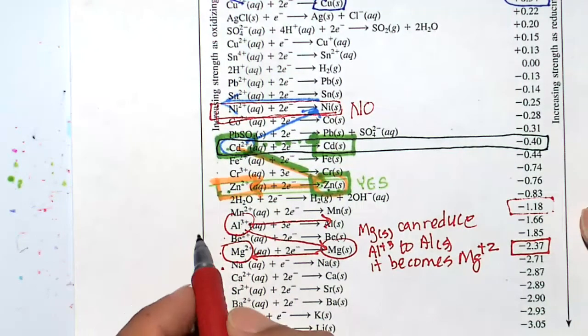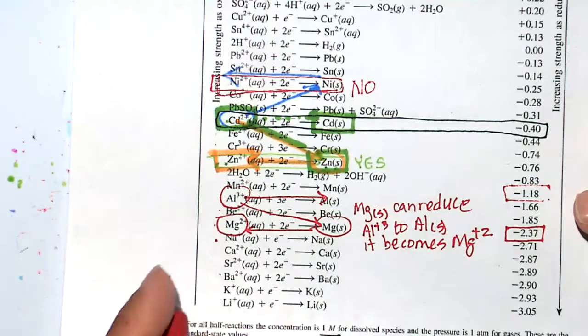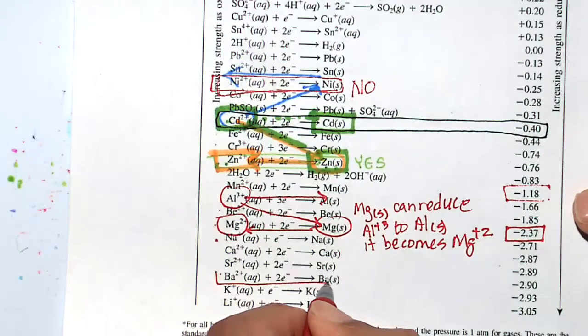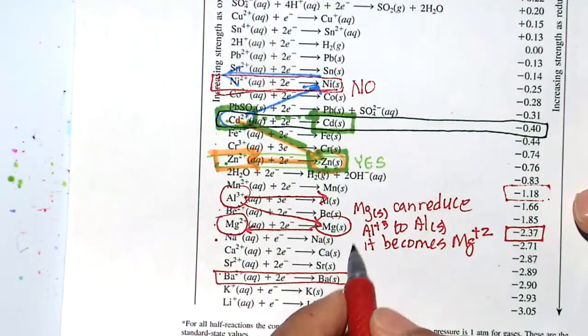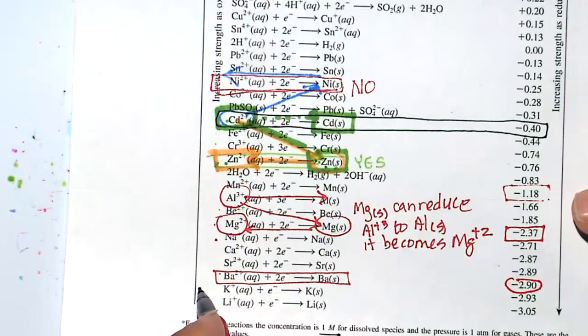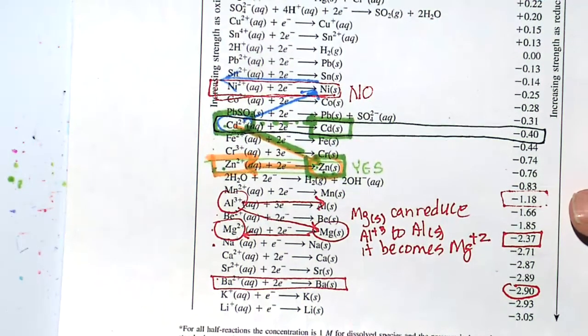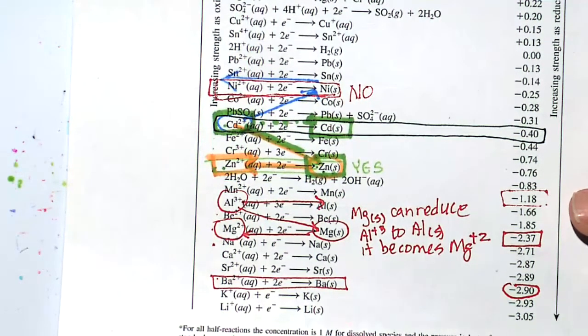Let me give you another example here. Barium, and we're getting to the bottom of the list. Barium, negative 2.90 volts. What can barium oxidize? There are only 2 elements barium can oxidize. What are those? K plus, and what's the other one? Lithium. So barium can only oxidize K solid and Li solid.